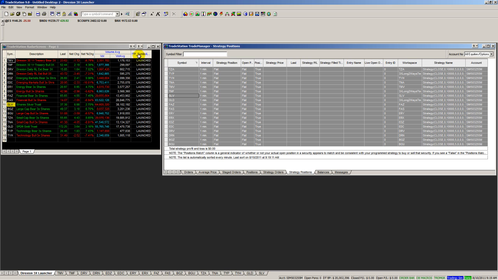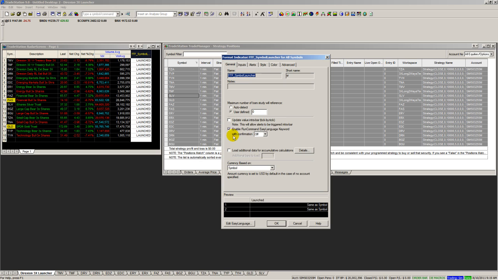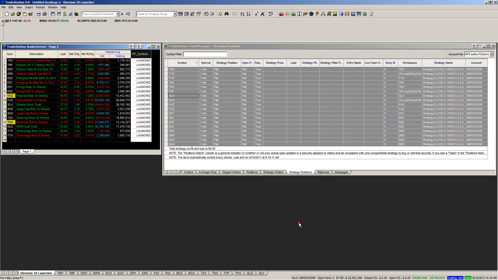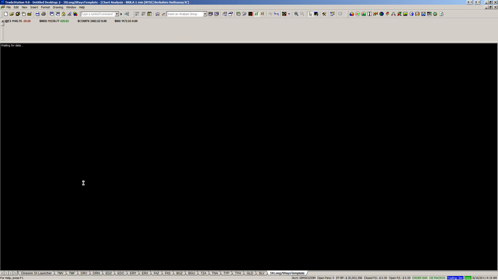Now just to show you all I did to launch it: I copied these symbols from the other radar screen and pasted them here. This one is different in that the macros are enabled, so if you type in a symbol here, like SKF for example, it would launch SKF.